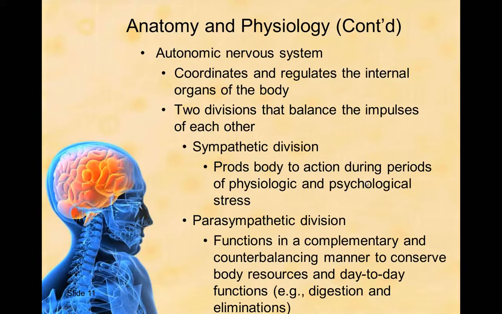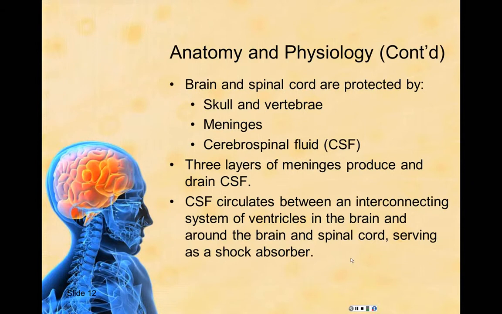The autonomic nervous system coordinates and regulates the internal organs of the body. There's 2 divisions that balance the impulses of each other, the sympathetic and the parasympathetic, which you guys can review on your own. Just a little overview. The brain and spinal cord are protected by the skull and the vertebra, the meninges, and the cerebrospinal fluid.